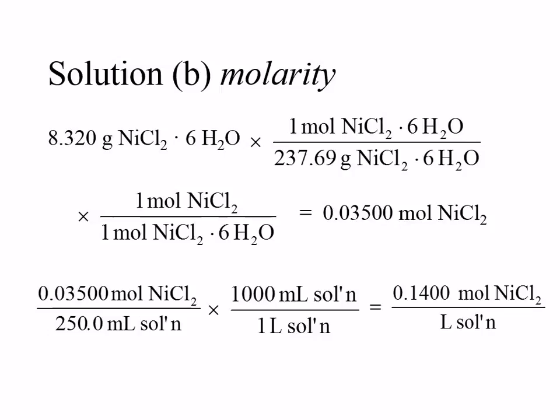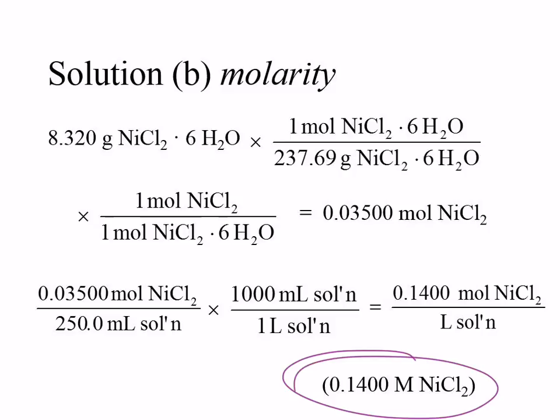Your calculator would probably just display 0.14, but you need 4 significant figures. And this down here is how I would write it: 0.1400 big M, molarity, NiCl2.